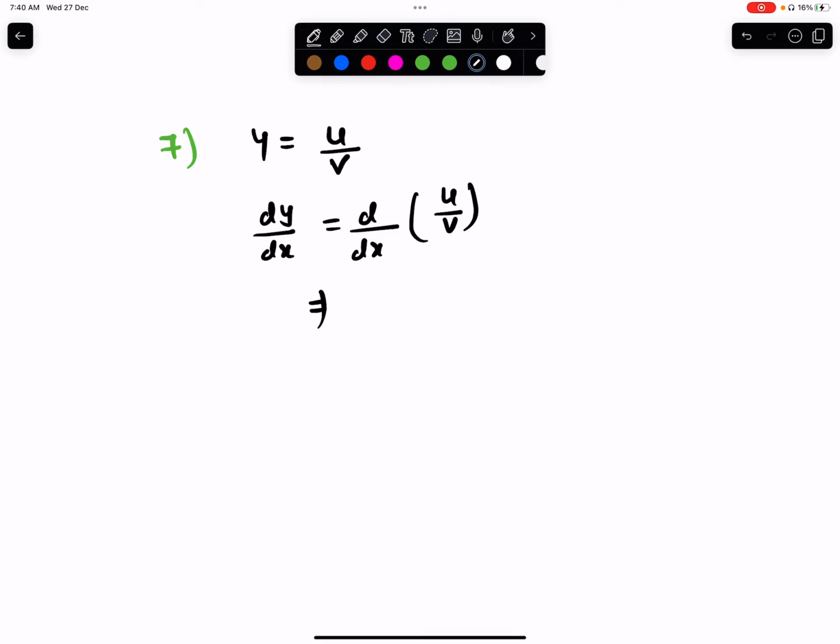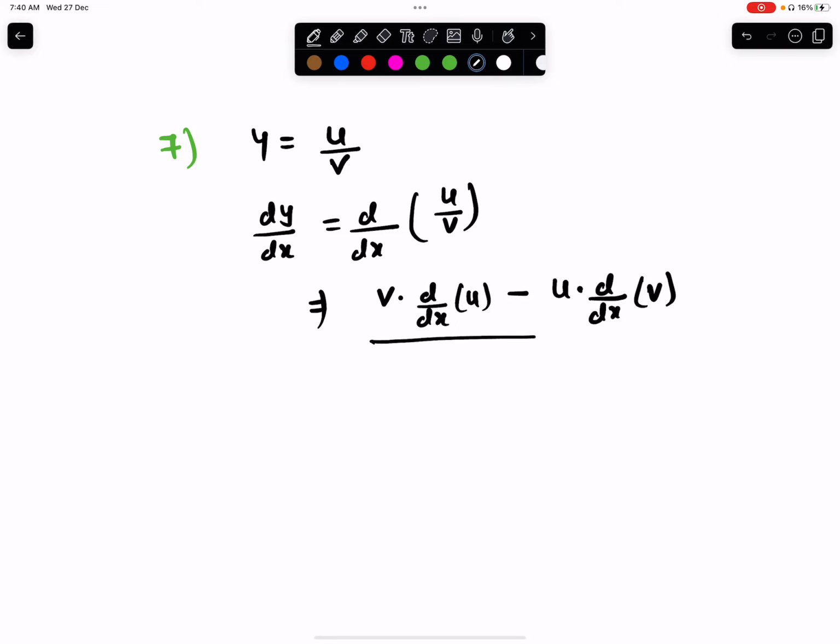First we write the denominator v into d/dx of u, minus the numerator u into d/dx of v, divided by v square. We have to remember this.